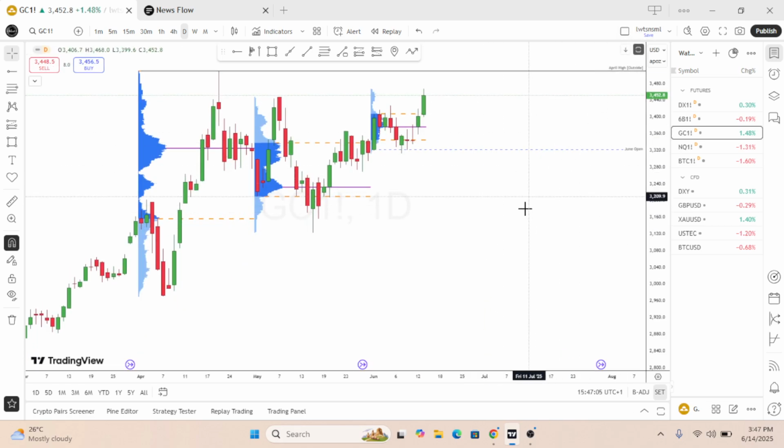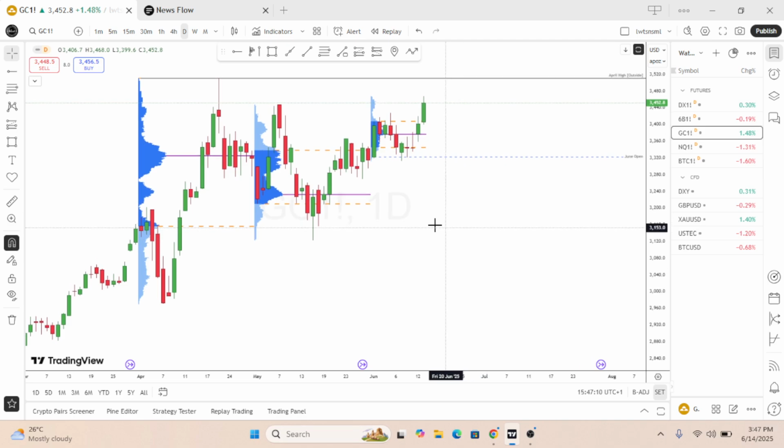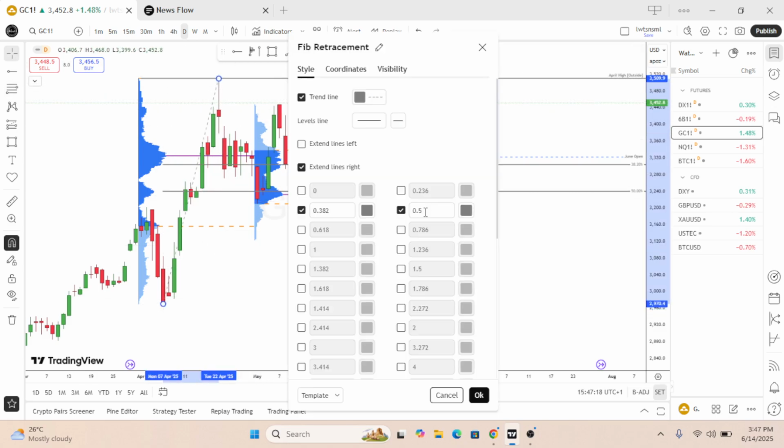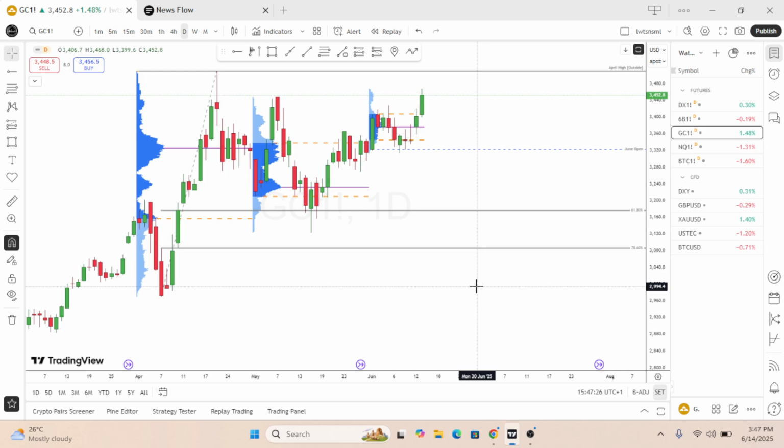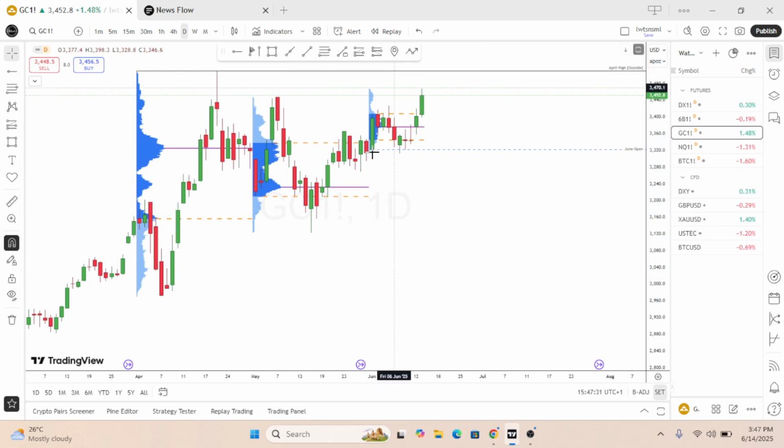And for gold, perhaps the strongest safe haven asset, we see that last month we had a deep retracement on gold futures into the 61.8 to 78.6 Fibonacci level, and we traded into the value area low for the month of April, which is where we did get that rejection of lower prices and then a push upward.